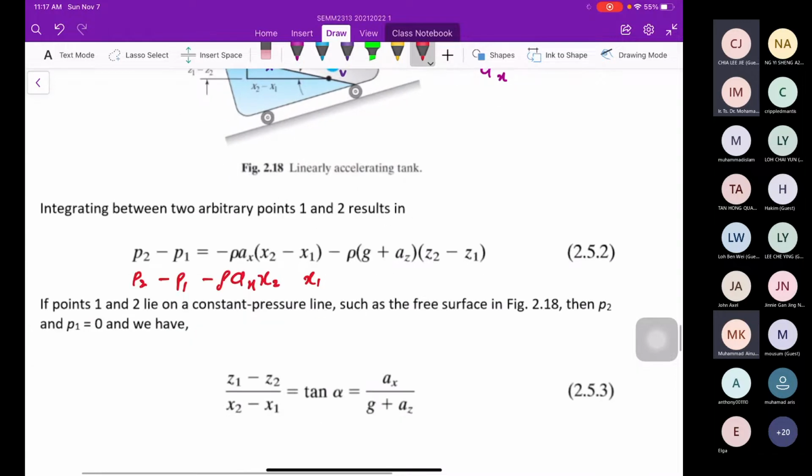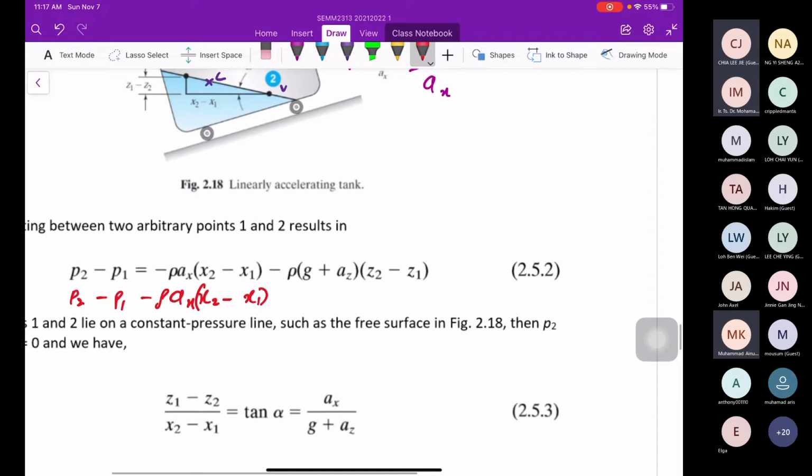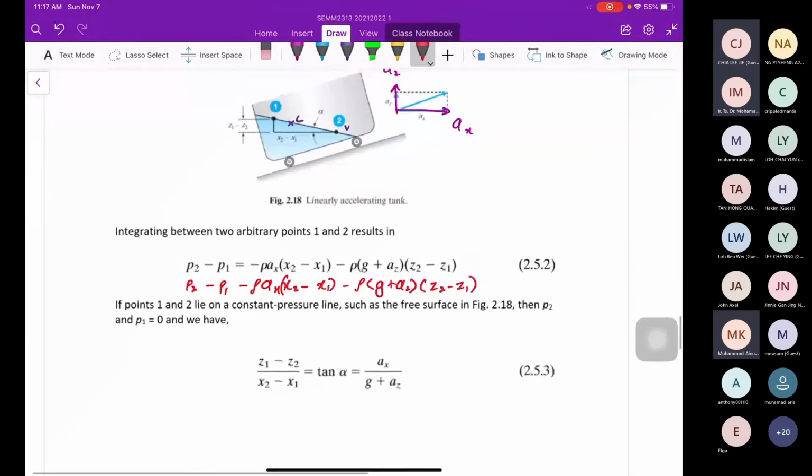And then for the gravity, negative rho, remember that the gravity must be added with the external acceleration, g plus AZ, times Z2 minus Z1. This is after we do the integration.